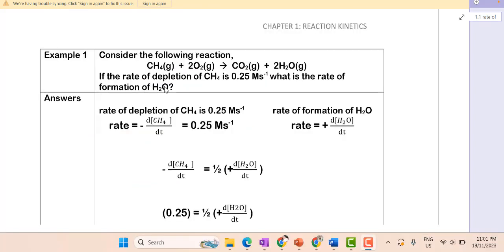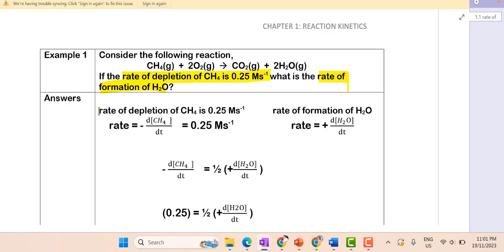We look at an example. Calculation for differential rate equation. Consider the following reaction. Given that the rate of depletion of CH4, methane, is 0.25 molar per second, the question asks you to calculate the rate of formation of water, H2O.